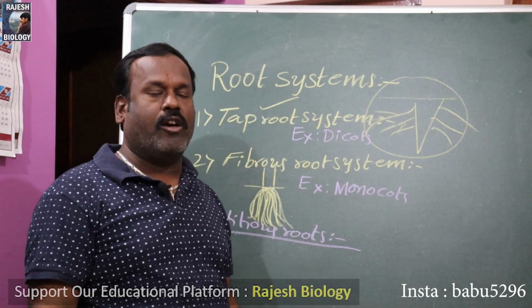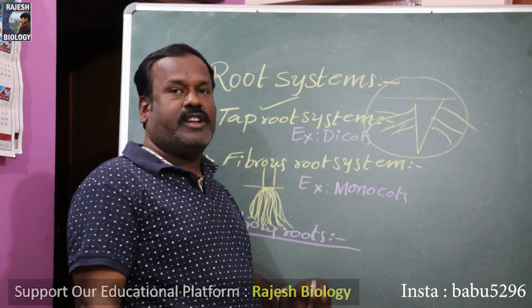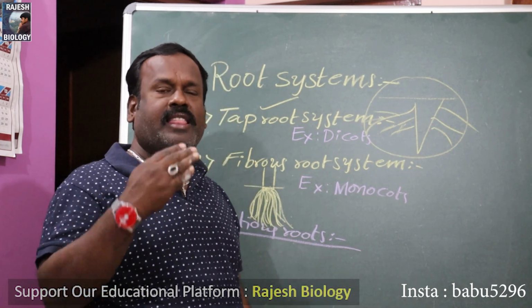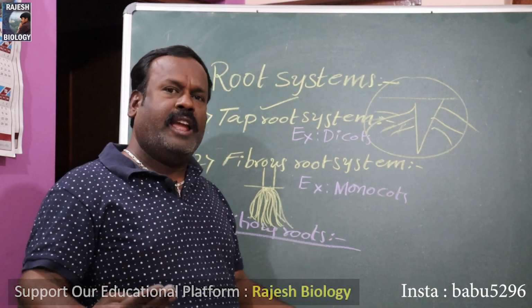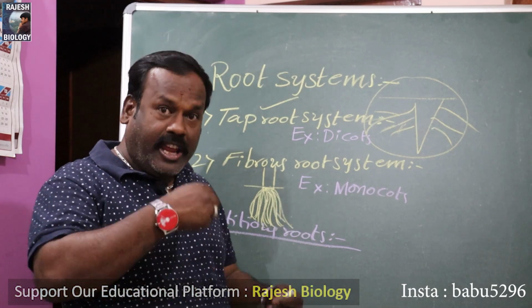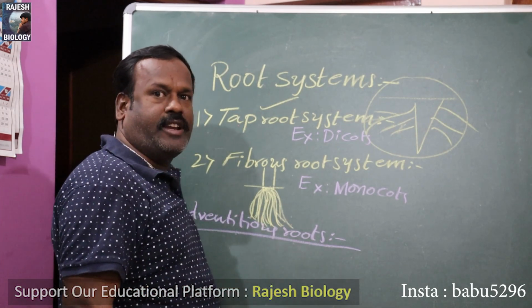Banyan means Ficus bengalensis, in Telugu Marri. Adventitious roots means other than the radicle: if any part of the plant body produces roots, those roots are called adventitious roots.